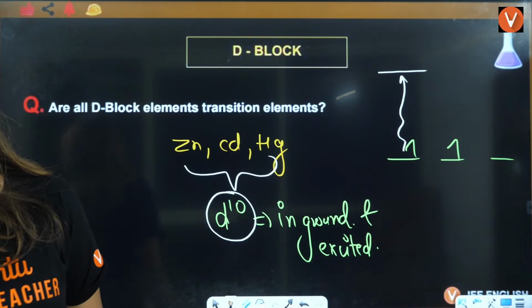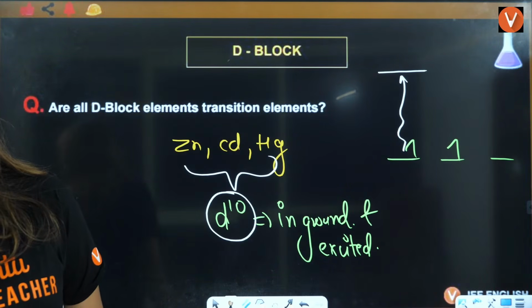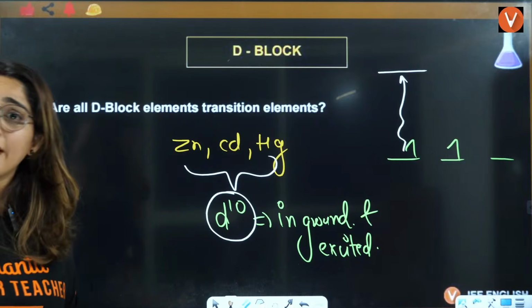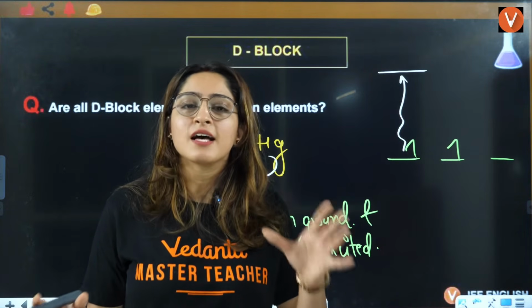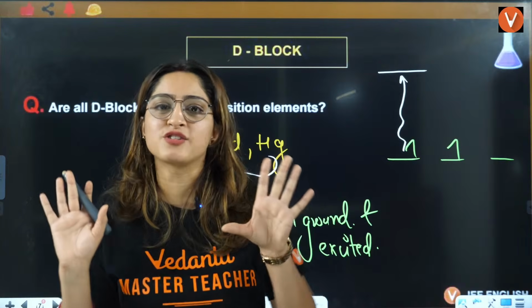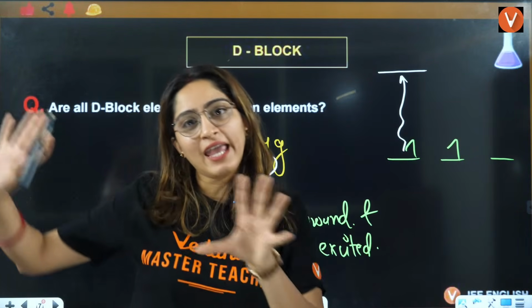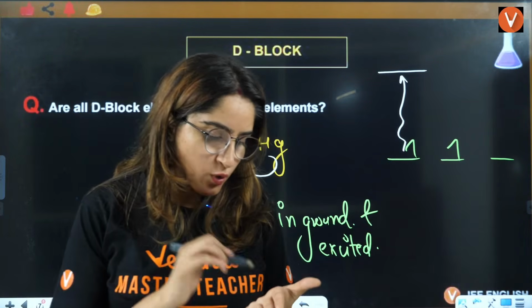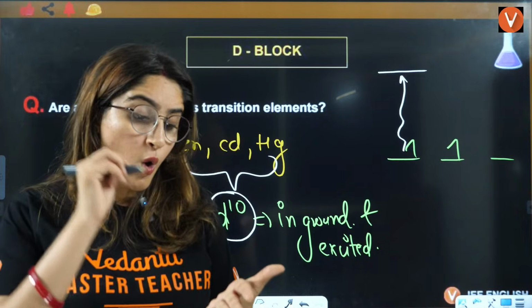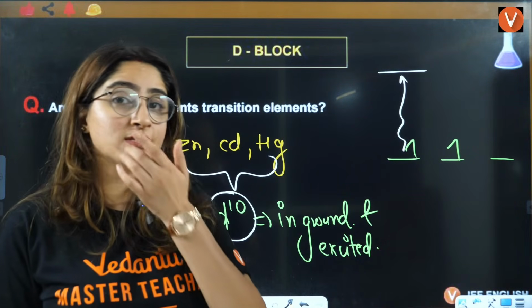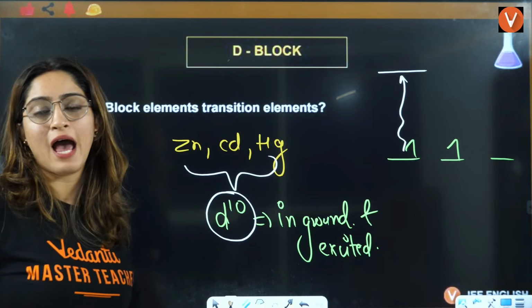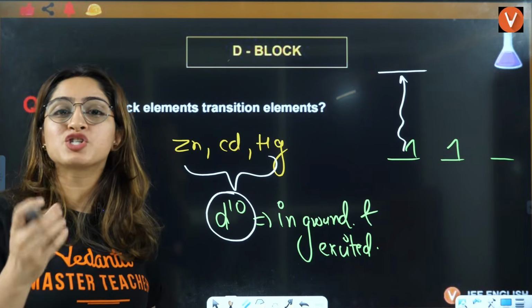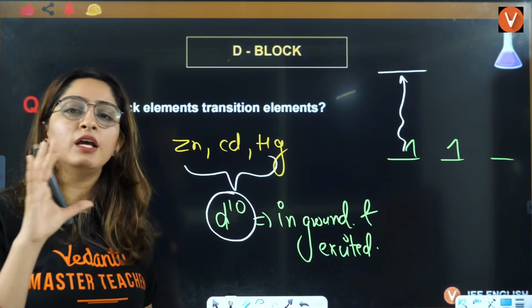Okay? Yes, everybody? D0, D10 containing elements don't belong. This is the definition given by scientists, that whom they will consider as transition elements. They sat together and thought, okay, let's make transition elements. Then they all thought that transition elements will be the one which has partially filled D orbital.